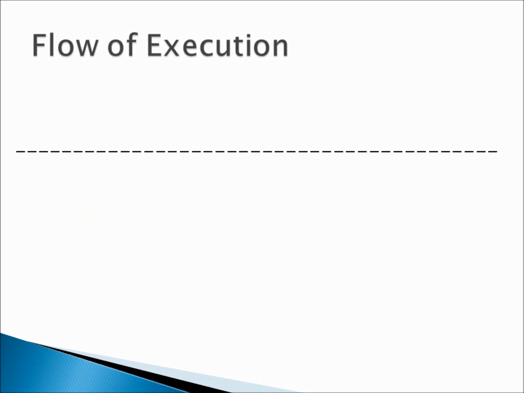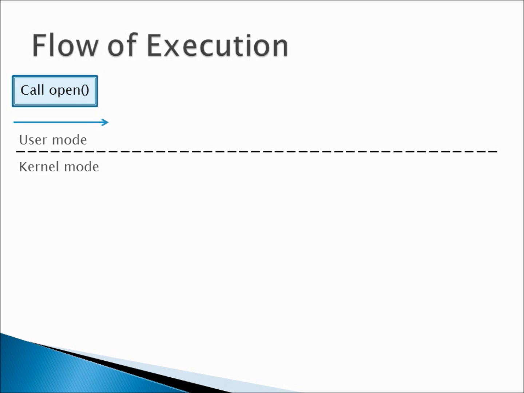Flow of execution is another method of intrusion. Consider the execution of the program ls. It uses the system call open to access directory for reading. The flow of execution is as follows. The ls makes a call to open function. This generates an interrupt which makes the system switch into kernel mode to handle the interrupt.